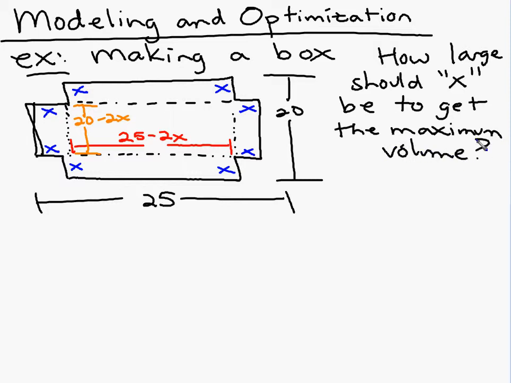We want a box that will hold as much sawdust as possible. If you think of something that has some volume to it, it can hold as much sawdust as possible.